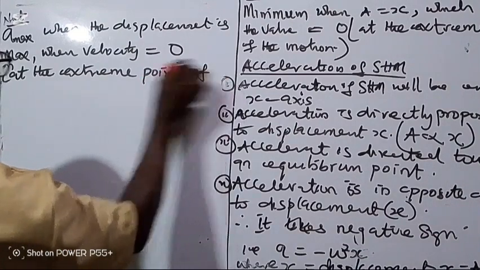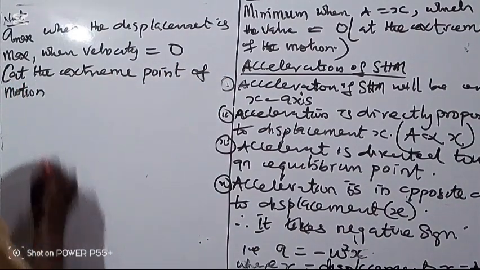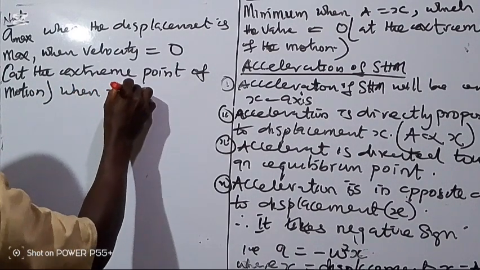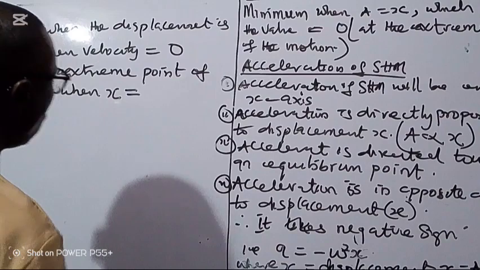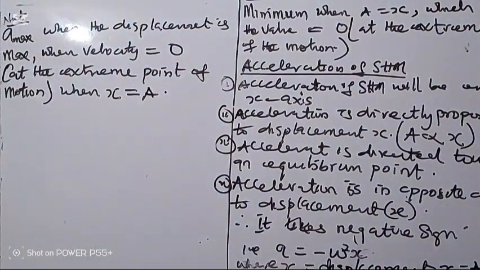At the extreme point of the motion, when s is equal to A, that is when the displacement is equal to amplitude. Don't forget our capital A is amplitude.